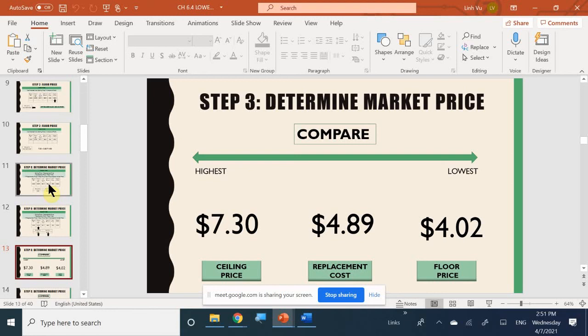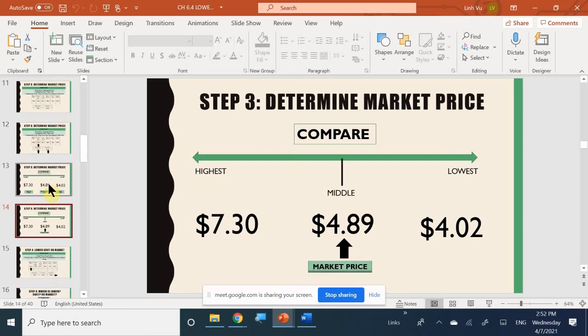So my middle number, $4.89, which happens to be my replacement cost, is the one in the middle, and that becomes my market price.